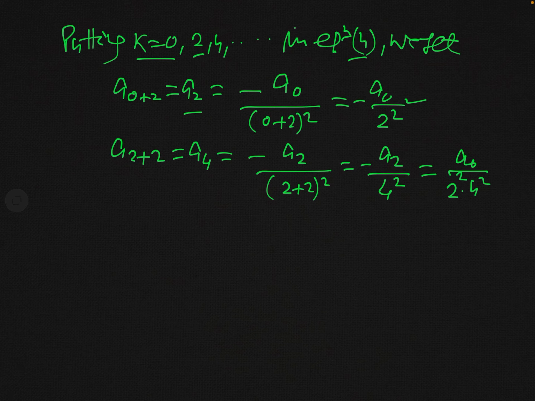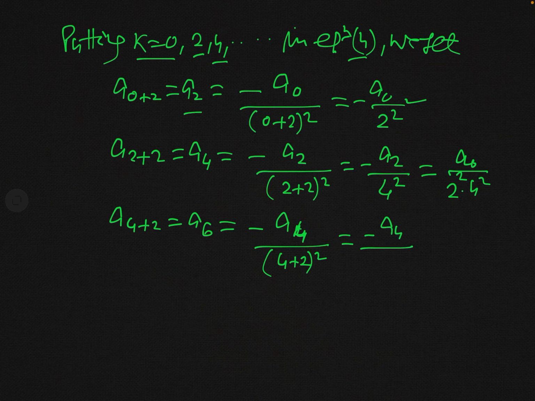And similarly, if we put k equal to 4, then here will be a4 plus 2, that is a6, and that will be equal to minus ak, but k is 4, so this is a4 over k plus 2 whole square, k is 4 now, so this is 4 plus 2 whole square, and so this is minus a4 over 6 square.